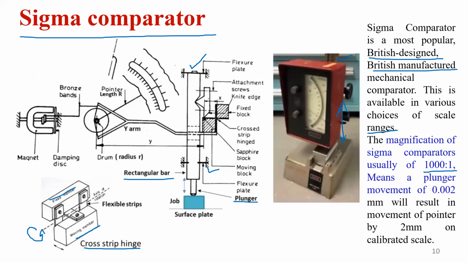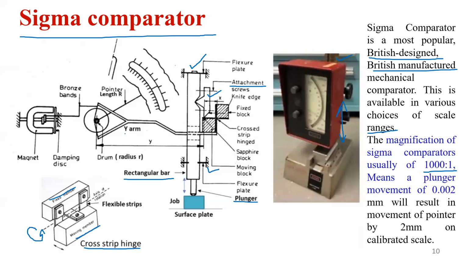And there is a knife edge, which bears on the moving member of the cross strip hinge, and this knife edge is held by a screwing attachment. And there is a Y arm whose one end is connected to the moving member of the cross strip hinge.